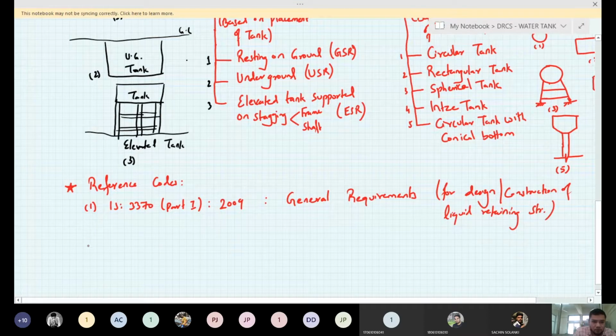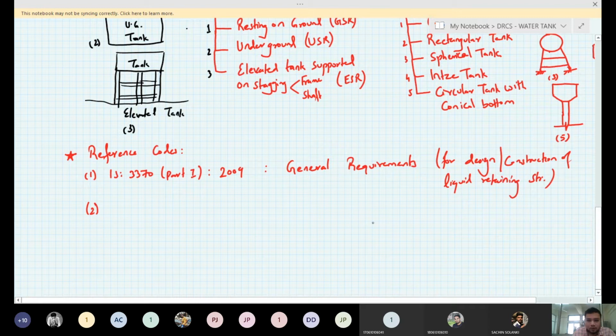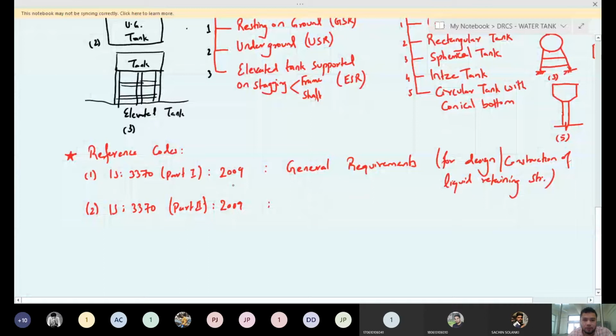Part 2, IS 3370 part 2, 2009 version. Now this 2009 version gives the limit state philosophy. The limit state philosophy is added in the 2009 revision. The earlier code was based on working stress philosophy, but here the limit state philosophy is also given, and working stress philosophy is part of the annexure.